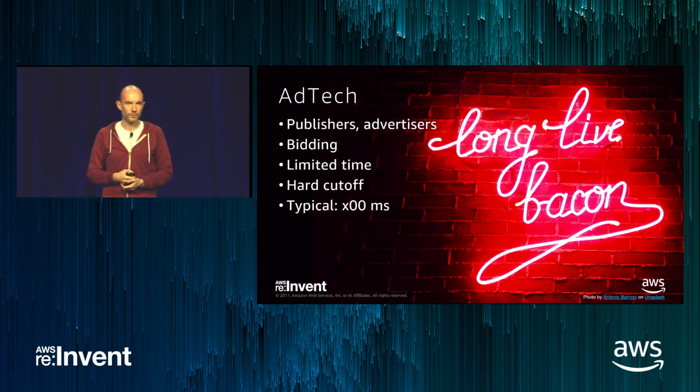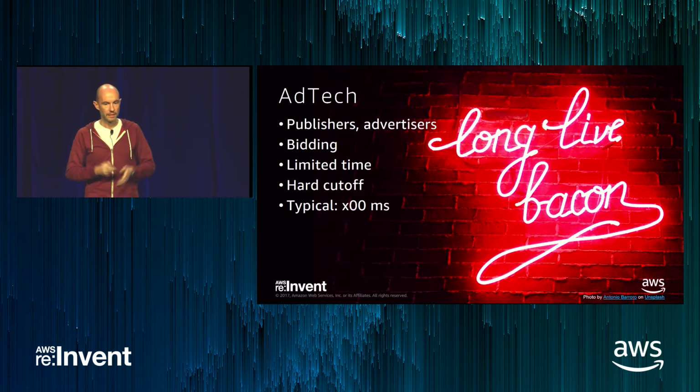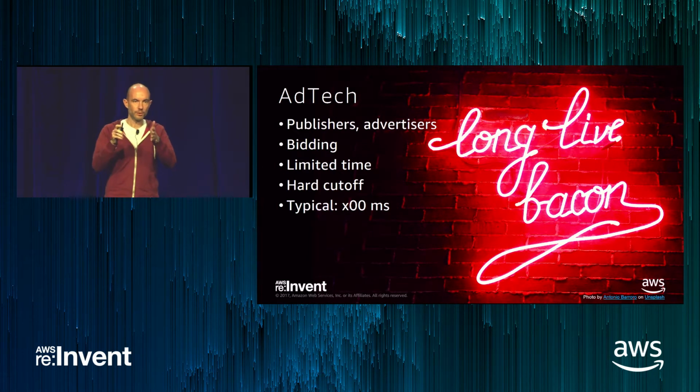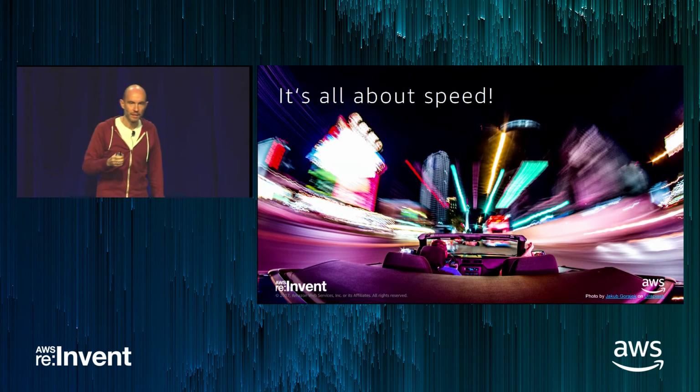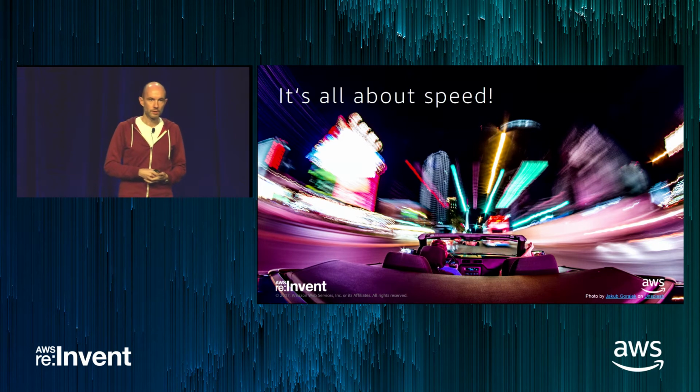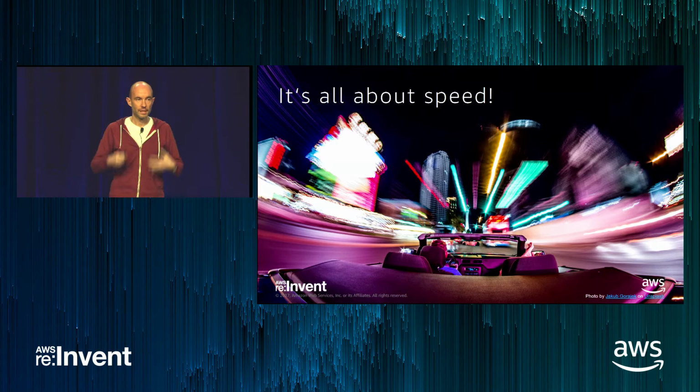And that cutoff can be a couple of milliseconds. It is very typical to have just a couple of 100 milliseconds in which you can have your whole bidding process. And the more you can get done during that hard cutoff time, the more profitable your business is going to be. So it really comes down to having as much speed as possible in your application so you get a lot of transactions and do these transactions really, really fast.